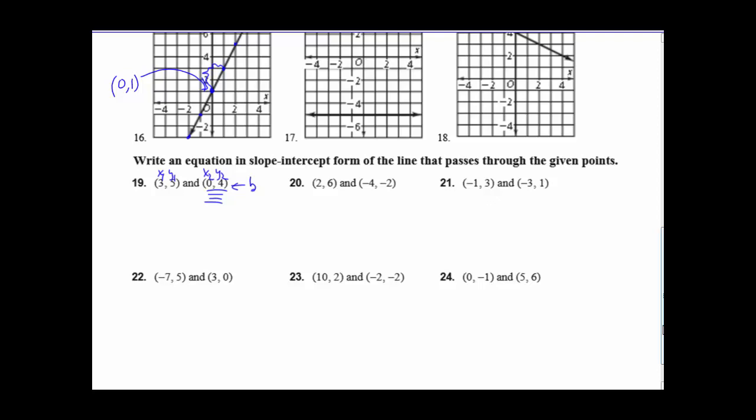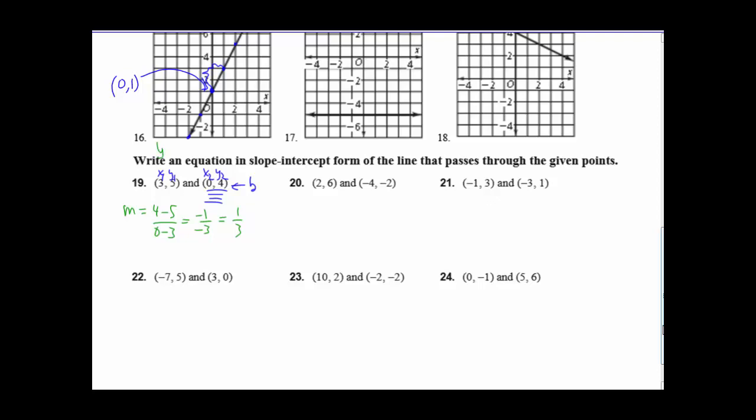If we take our 2 points, we need to find the slope. If we go m equals, take 4 minus 5 over 0 minus 3, we're going to get negative 1 over negative 3, which is actually 1/3. If we plug into our equation, let's take the 0, 4, since that might be easier to work with.